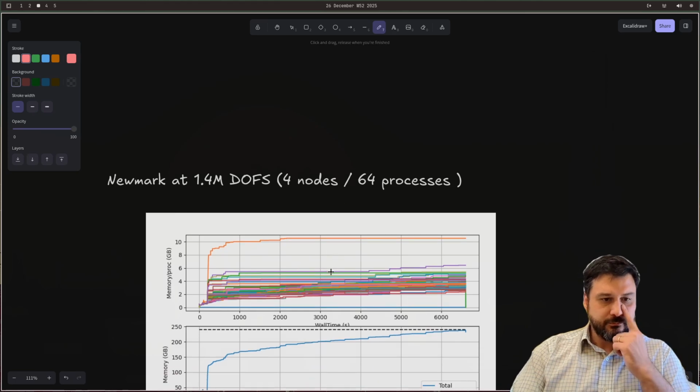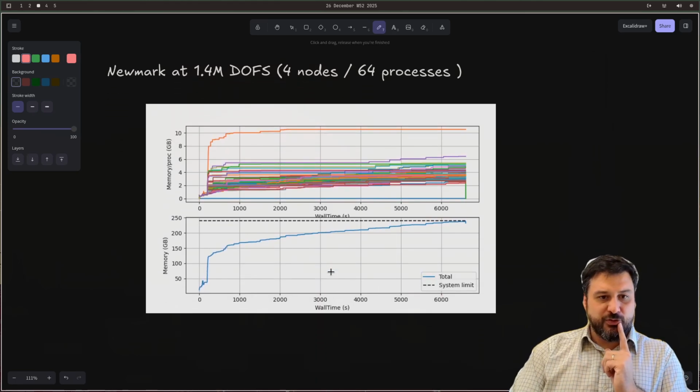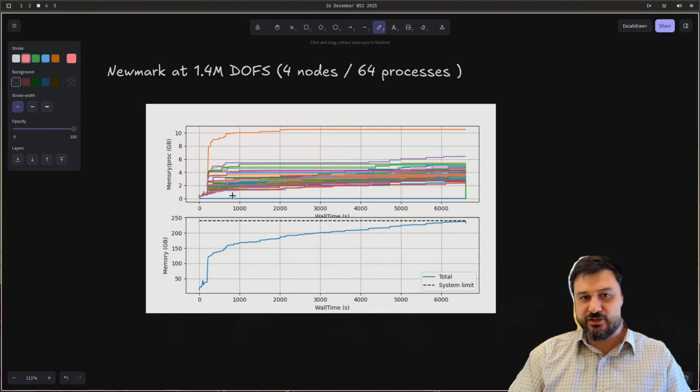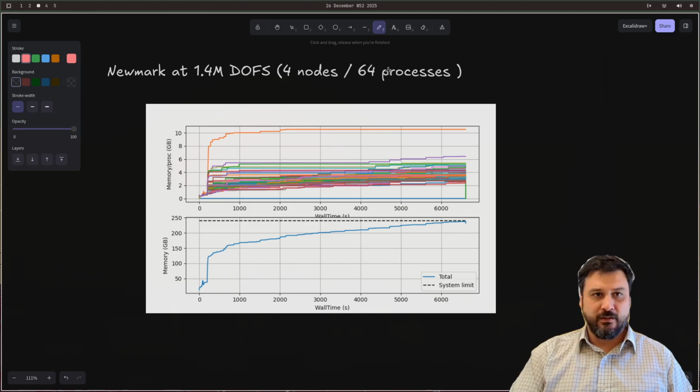This is per processor, so each color line here shows the memory usage of different threads running in 4 nodes and 64 processors. So it's like 64 lines here, and you can see this is plotted versus wall time.